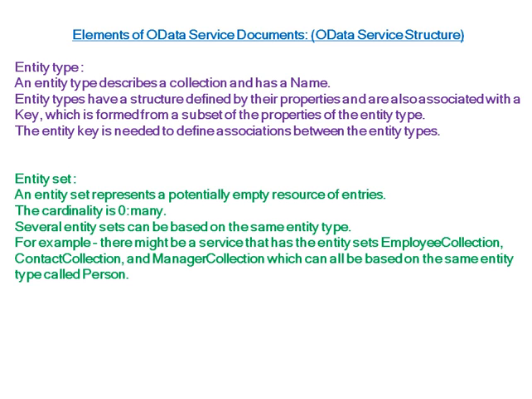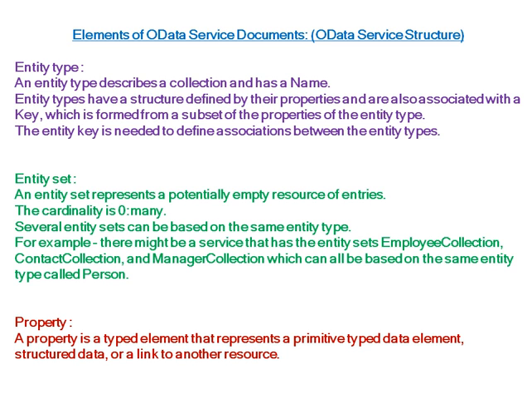For example, there might be a service that has the entity sets employee collection, contact collection, and manager collection, which can all be based on the same entity type called person. Property. A property is a typed element that represents a primitive typed data element, structured data, or a link to another resource. Properties correspond to columns of a table.